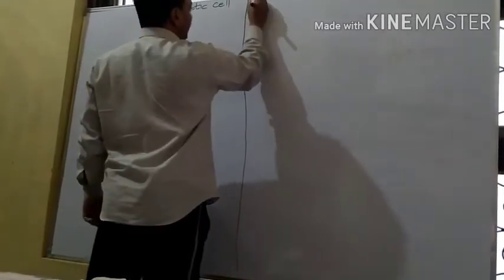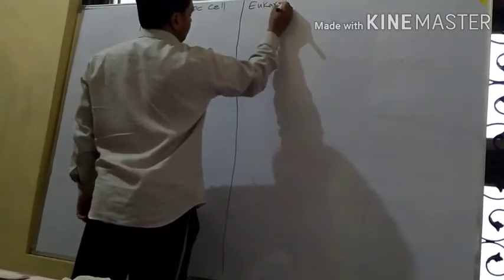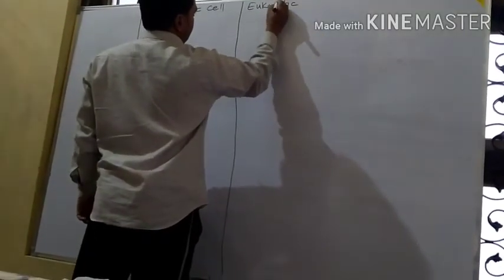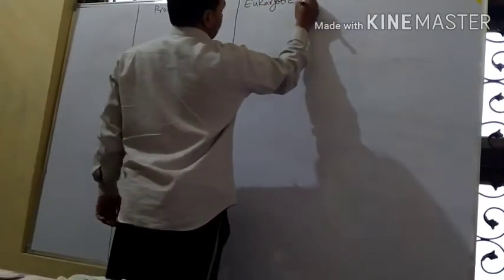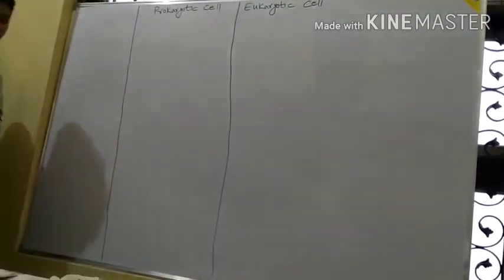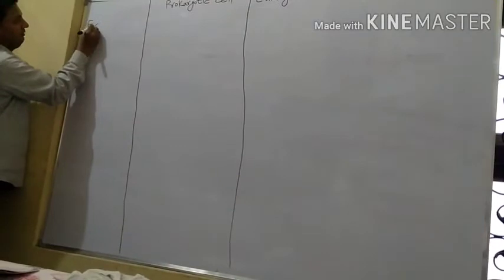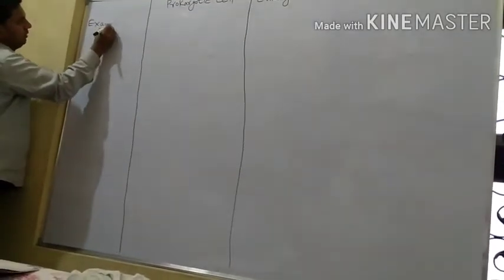Here we will write eukaryotic cell. So, prokaryotic and eukaryotic cell. Firstly, we will discuss the organism, examples of prokaryotic and eukaryotic cells.